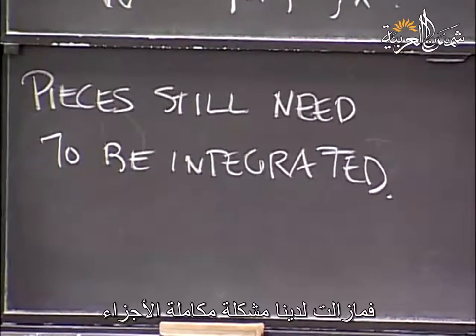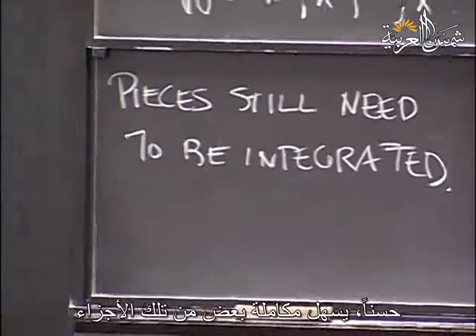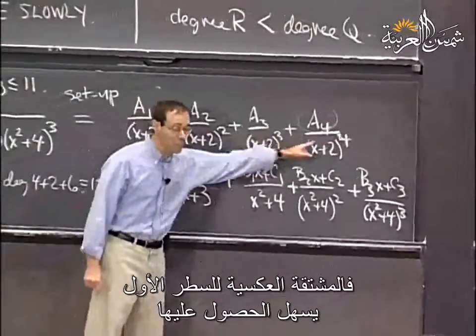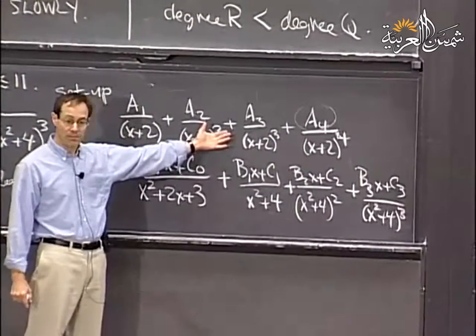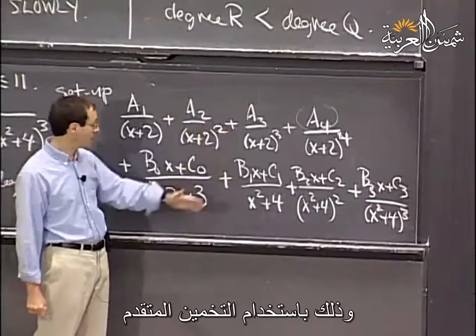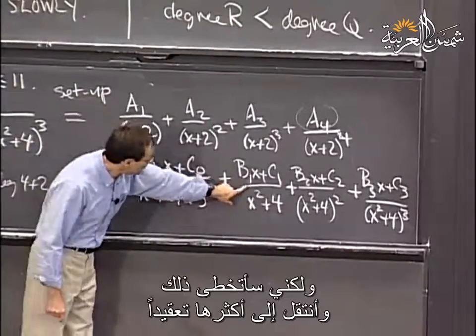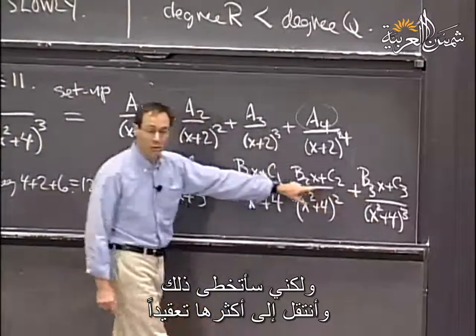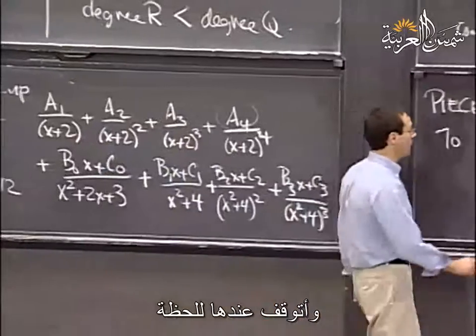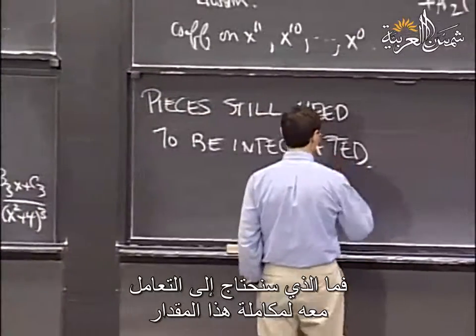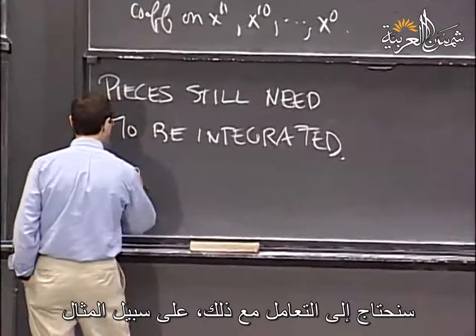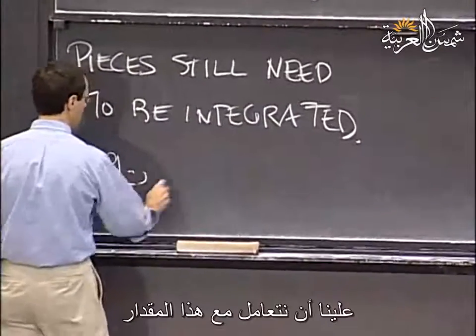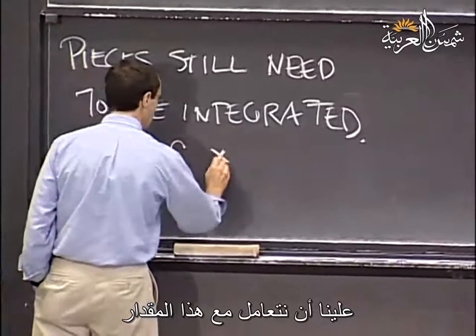We still have the problem of integrating the pieces. Now, some of the pieces are very easy. This top row here, the antiderivatives of these you can just write down, right, by advanced guessing. I'm going to skip over to the most complicated one over here for a second. And what is it that you'd have to deal with for that one? You'd have to deal with, for example, this guy.